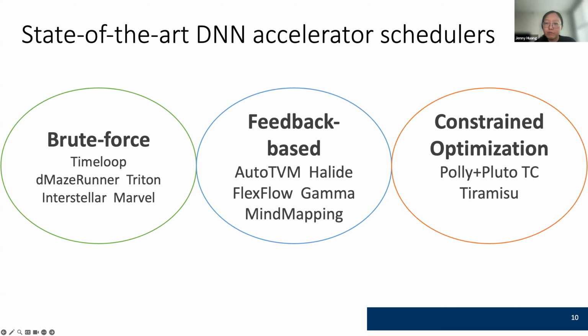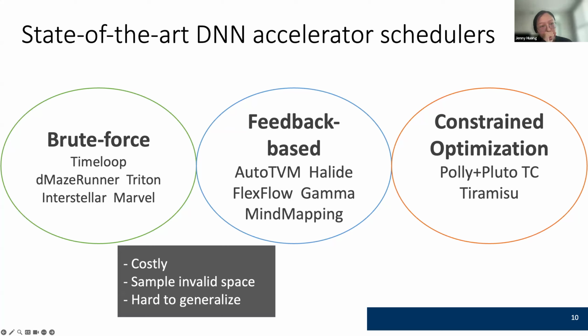The last category is on the constraint optimization side, trying to formulate compiler decisions into mathematical optimizations and use standard solvers to solve them. Or not even just standard solvers, some of them use ISL, right? Some of the ISL work also helps to solve some of the polyhedral problems.